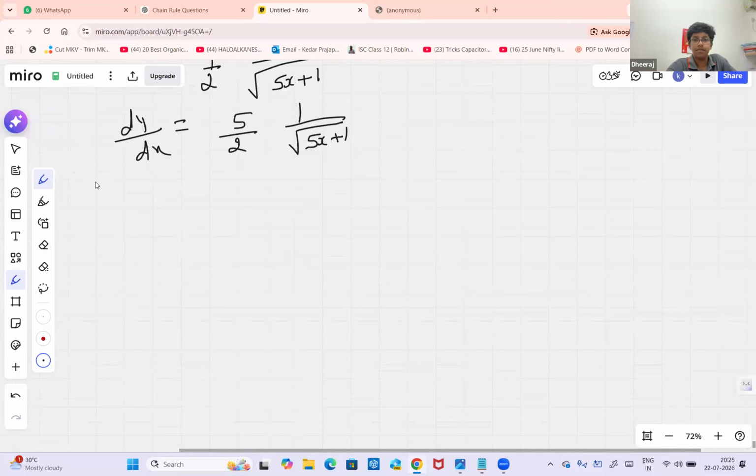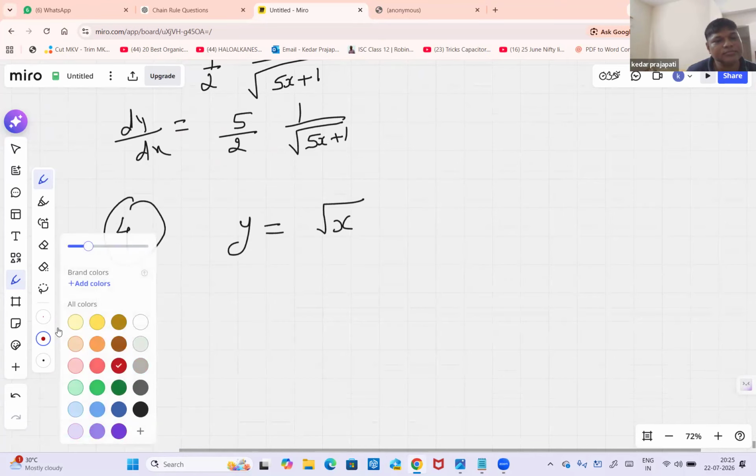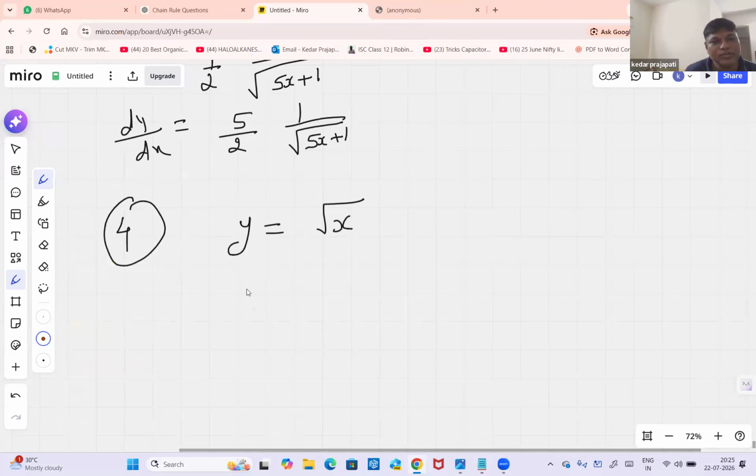Now, fourth question. Suppose they have given y equal to root x. Let us solve together. 1 by 2 root x. So first you need to write it in simple format: x to the power half.